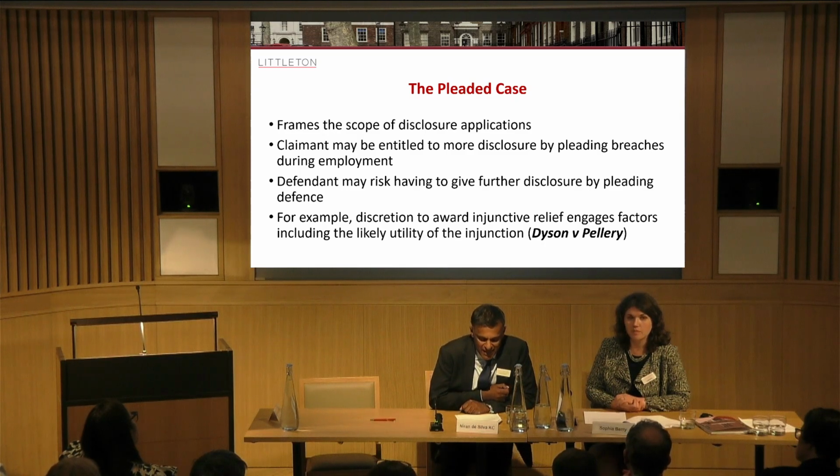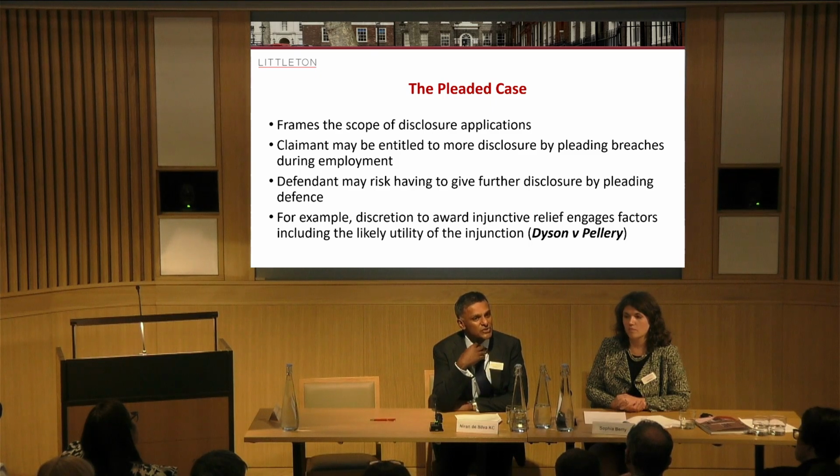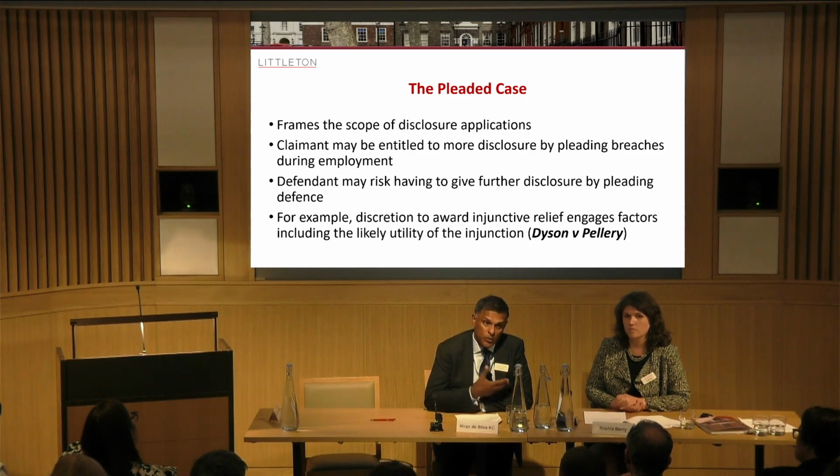So, for example, the claimant may be entitled to more disclosure by pleading breaches during employment. And indeed, that was the case, I think, in the case of Dare that Adam referred to. Originally the speedy trial was only going to be about the post-termination covenants. And it was only latterly that the claimants tried to bring in breaches during employment, which brought in the question of the reasons for my clients' and Adam's clients' absence, which was relevant ultimately in the outcome of the case.